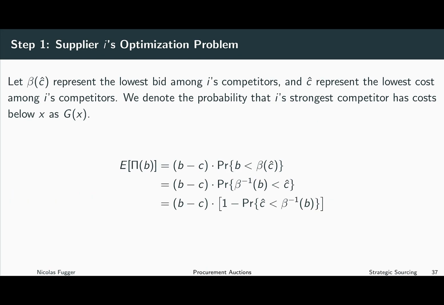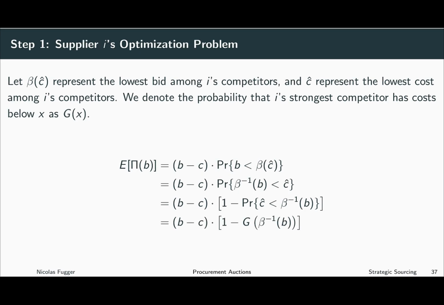The next step is quite easy. The probability that the cost of the strongest competitor are larger than beta to the power of -1 of B is, due to the continuous cost distribution, just 1 minus the probability that the costs are smaller than beta to the power of -1.